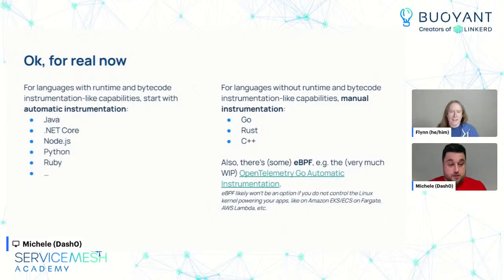So that is usually, for example, also the case with the OpenTelemetry Go automatic instrumentation. It will fill in for you the HTTP parts and the gRPC parts and the database spans, and I think also some Kafka ones, but it will not do the automatic trace context propagation through your routines.